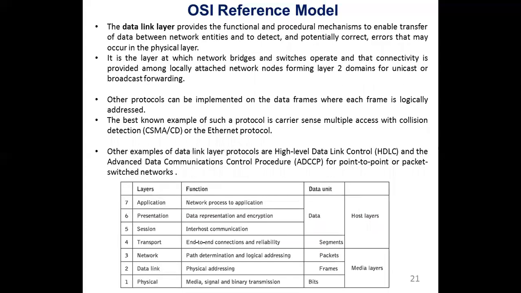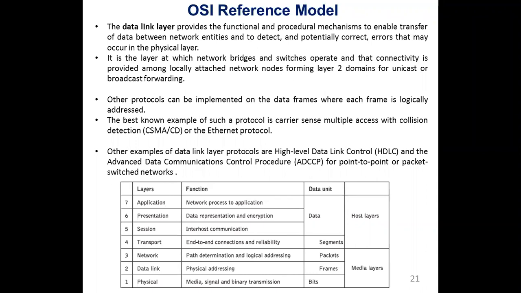Then we have the second layer, which is known as the data link layer. This layer provides the functional and procedural mechanisms so that data can be transmitted between network entities. It also detects, and potentially corrects, errors that may occur depending on the protocol that we are using. This is the layer which will bridge and switch the connectivity among the locally attached network nodes, forming layer 2 domains, and this can be unicast or broadcast depending on the requirement.